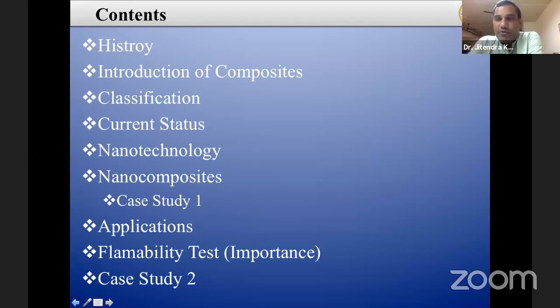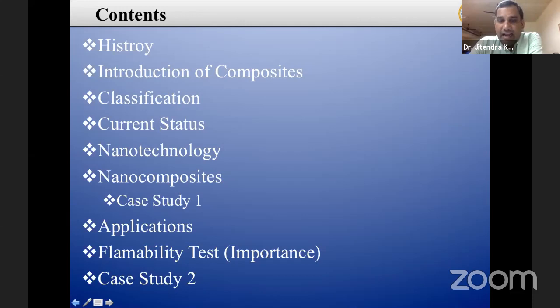Then we slowly move to the nanotechnology aspects, because this webinar is on nano composite materials. We touch upon nano composites, and I will show one case study done by my doctorate student, and then the different applications of these nano composites.